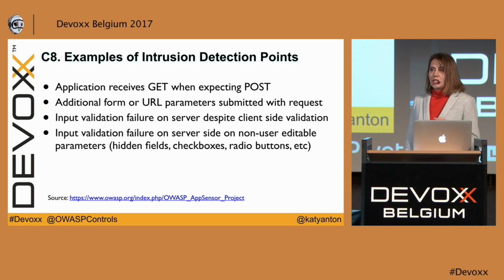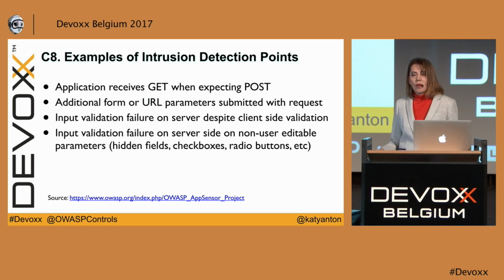If the input validation fails on the server side, despite the fact that there is a client-side validation, that's another indicator. A simple example is we have a form on the client, and the form has an input with a maximum length attribute defined in the form. However, when the string reaches the server, the length of that string is greater than the value defined on the client side.